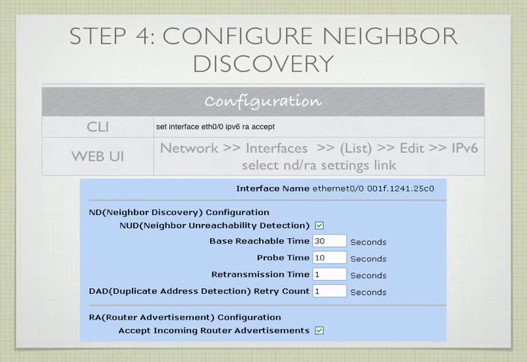Also, again, interface parameters on the IPv6 tab. Then there's a sublink on the bottom, the neighbor discovery/RA settings link. These are all the defaults for values.